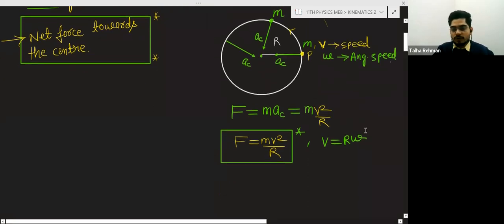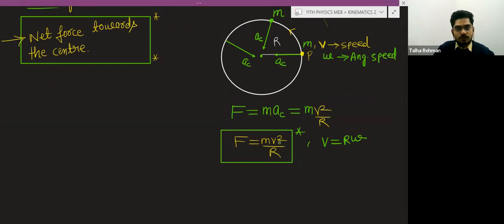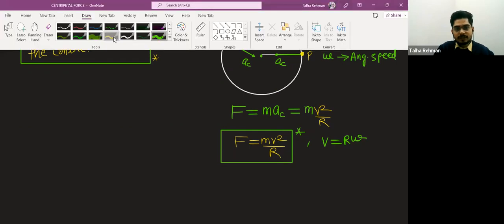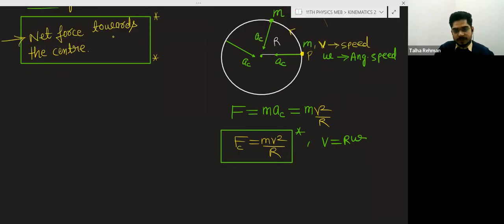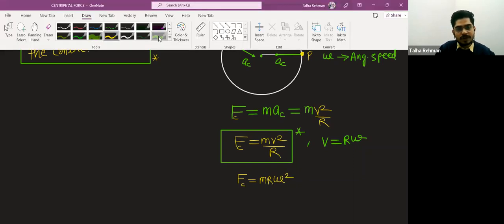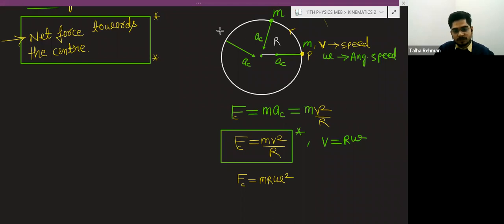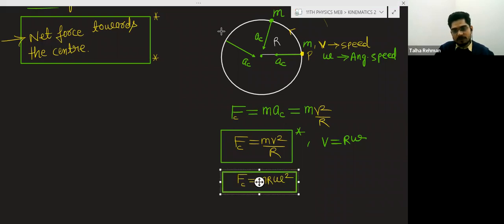Now when you put v is equal to r omega, it becomes r square into omega square, and one r will be cancelled out. So what you will get is the centripetal force Fc equals m r omega square. Both formulas will be used according to the situation, so remember this also.